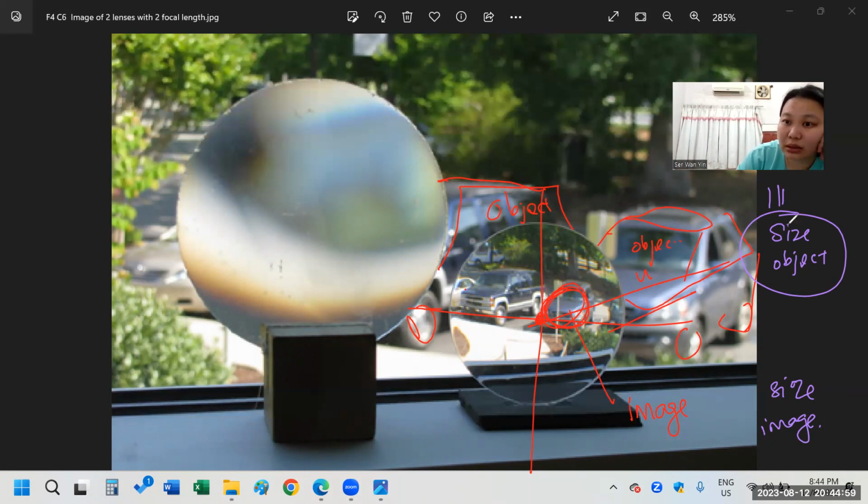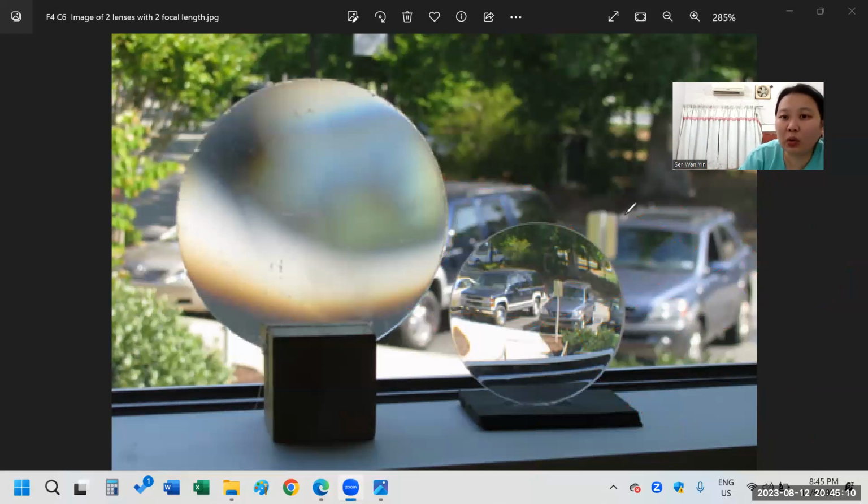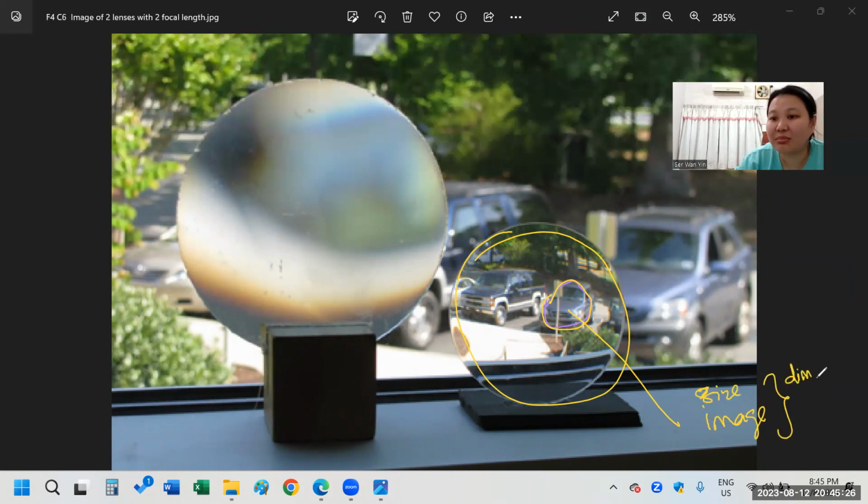Yeah, the object is bigger, of course. The car is so big, the lens is this small. But why can we still see the whole car in such a small lens? That's because the size of the image shrinks, so we call the image diminished. Diminished means becomes smaller.